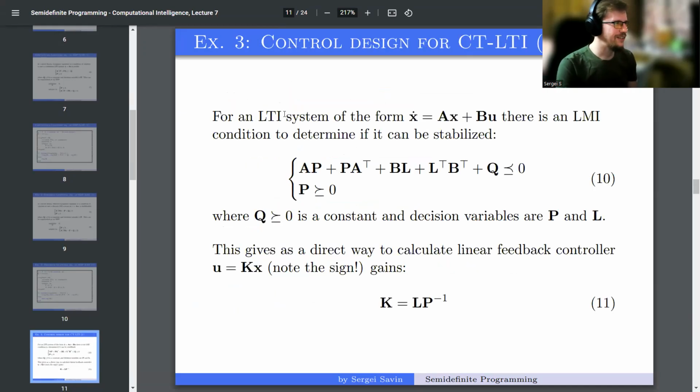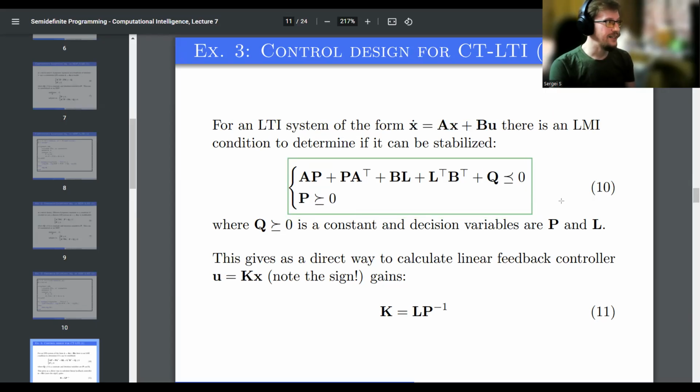So now we can also design an LMI for a system of this form, x plus equals AX plus BU. And this LMI here would determine if the system can be stabilized. So remember, there is this idea of controllability.